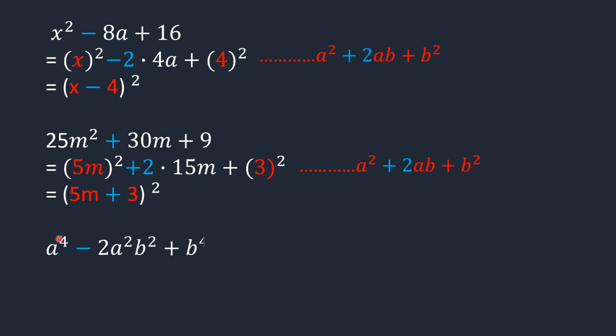Factorize a to the power 4 minus 2 a squared b squared plus b to the power 4. Here we will write a to the power 4 as (a squared) to the power 2 and b to the power 4 as (b squared) to the power 2.